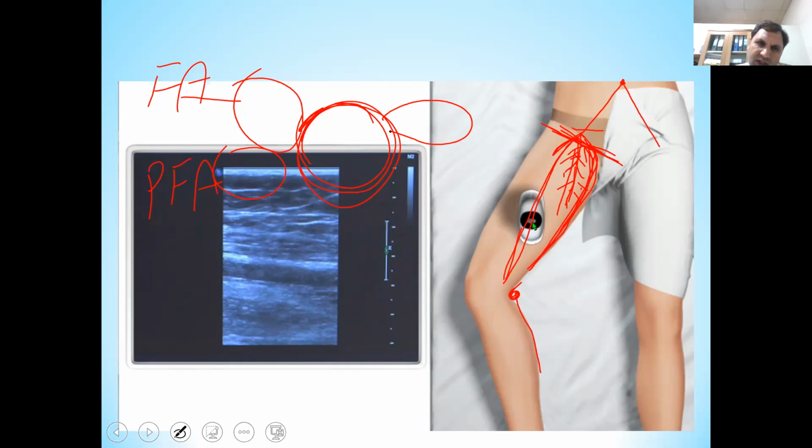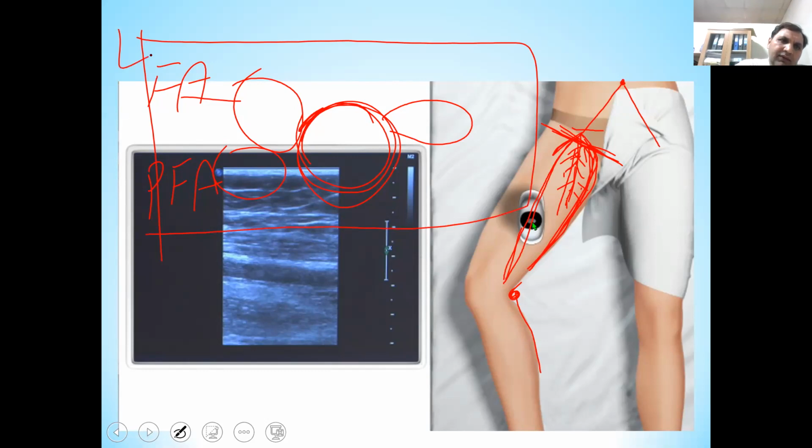So care must be taken. For example, this is your screen, and on the left hand side of the screen, if the artery lies on the left hand of the screen and the great saphenous vein lies on the right hand of the screen, it means that if you are using the international protocol of transducer placement or transducer grip, then that leg will be the right one.